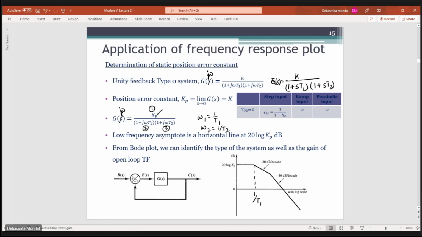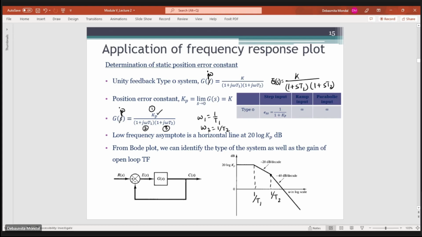If you remember, for omega less than 1 by T1 the asymptote is equal to 0 dB, and for omega greater than 1 by T1 it is a minus 20 dB per decade straight line. Then at 1 by T2, the other corner frequency, we again have another pole.